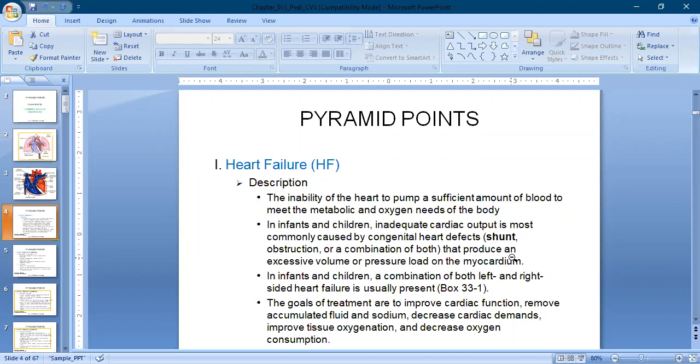Both of them produce an excessive volume or pressure load on the cardiac muscle tissue, and this is called the myocardium. In infants and children, a combination of both left and right heart failure is usually present.